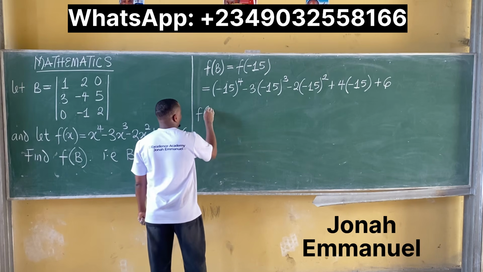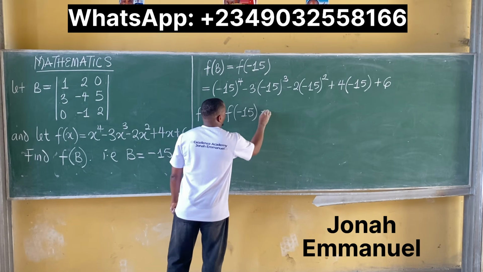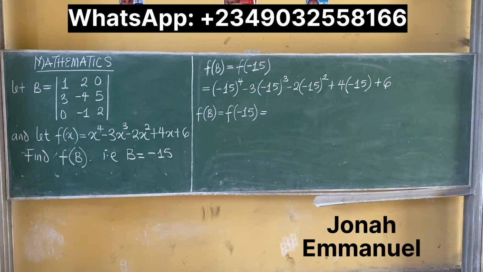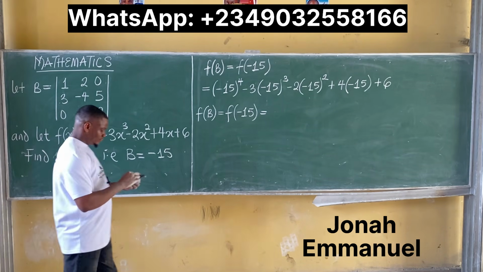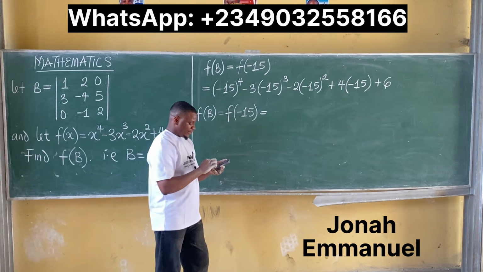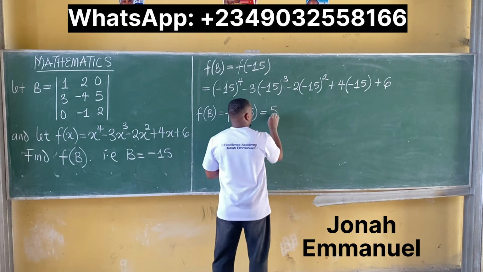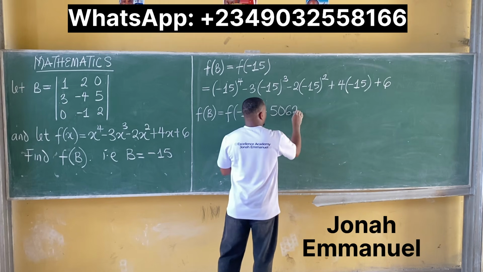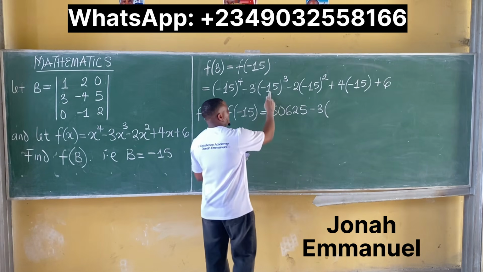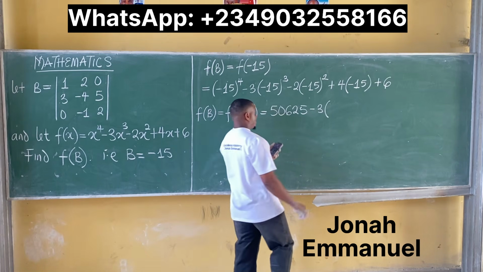So f of B, which is equal to f of minus 15, I'll get my calculator and punch this. Minus 15 to the power 4 gives you 50,625. Minus 3 into minus 15 to the power 3, which is minus 3375.